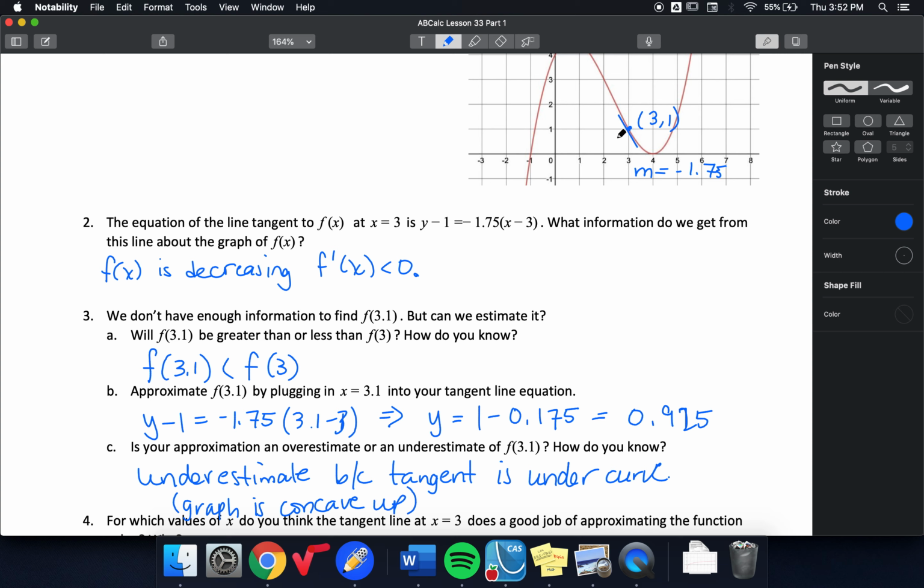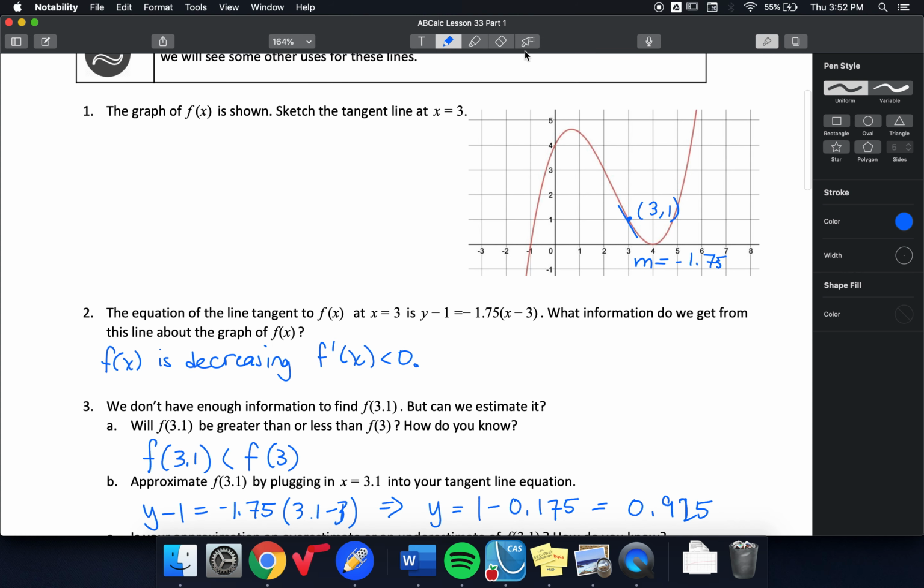So I can use this tangent to evaluate x values near the point of tangency, so near 3. But if I extended this tangent line and tried to use it to approximate other values of x, so if I wanted to approximate my f value when x is 2, that's still pretty close.